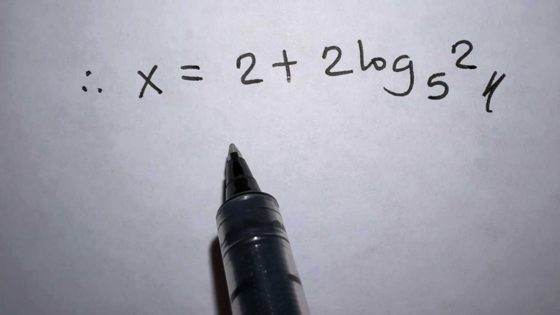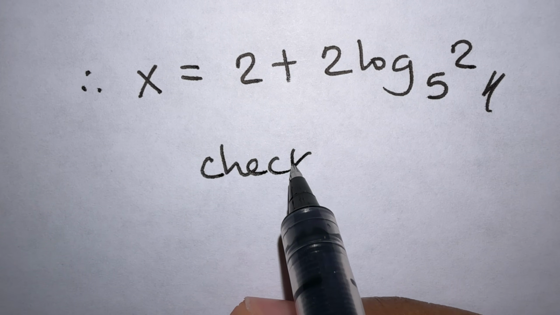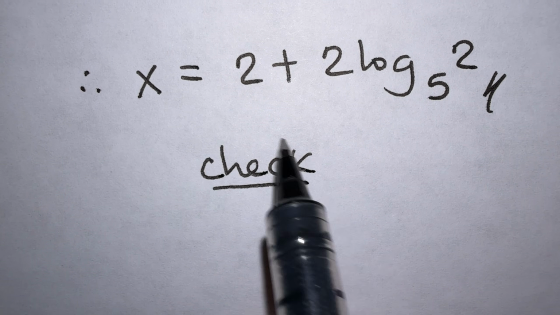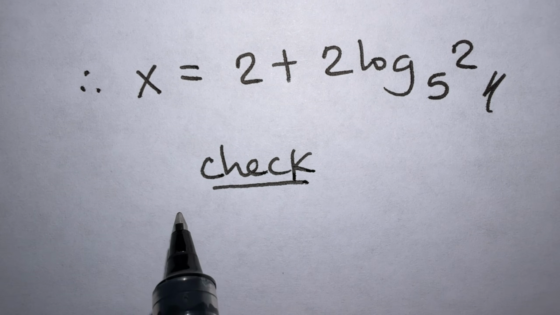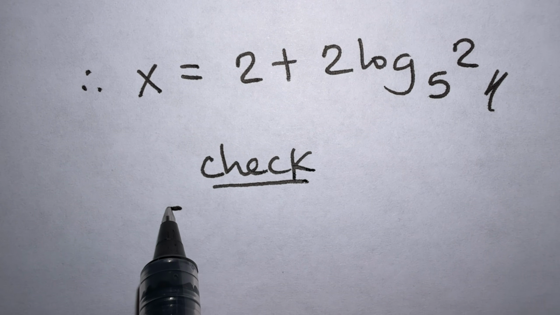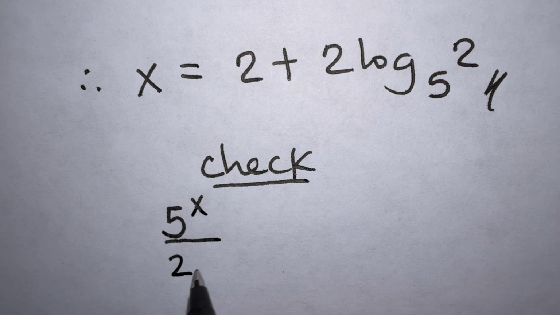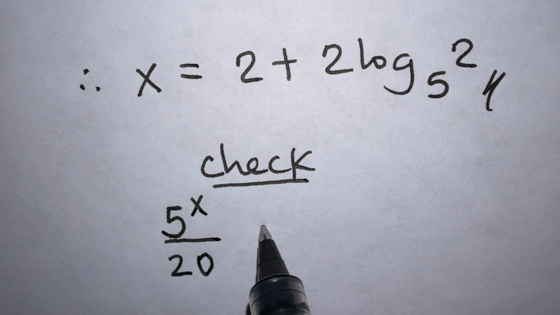Let us now do a quick check to confirm that our solution is correct. To check, we'll substitute this value of x into our given problem, which was 5 raised to power x divided by 20 is equal to 5.